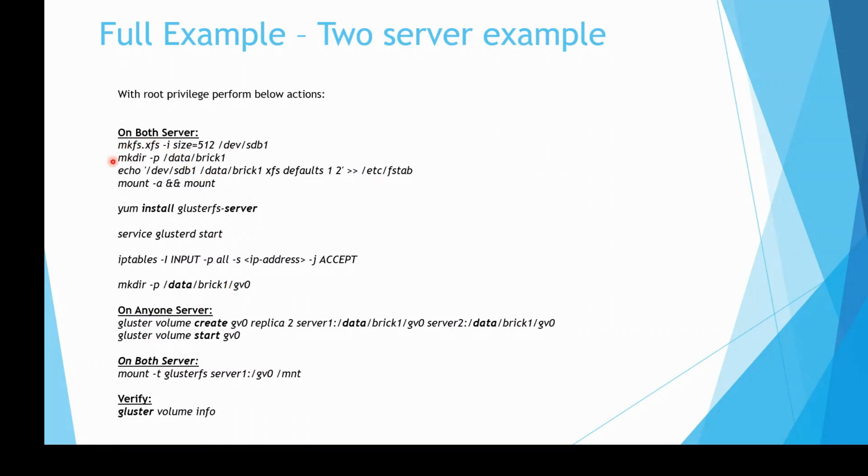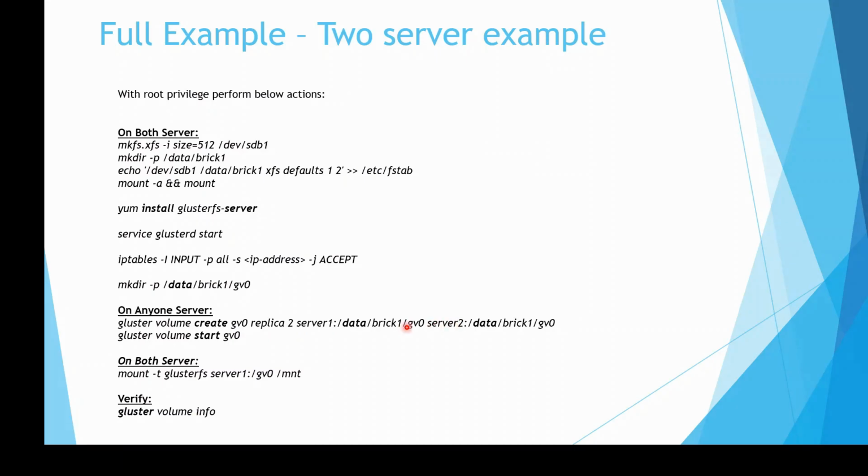Once you have done this on both servers, go to any of the servers and create a volume. We tell Gluster to create a volume gv0 with replica 2, with the location on server 1 being /data/brick1/gv0, and on server 2 also /data/brick1/gv0.